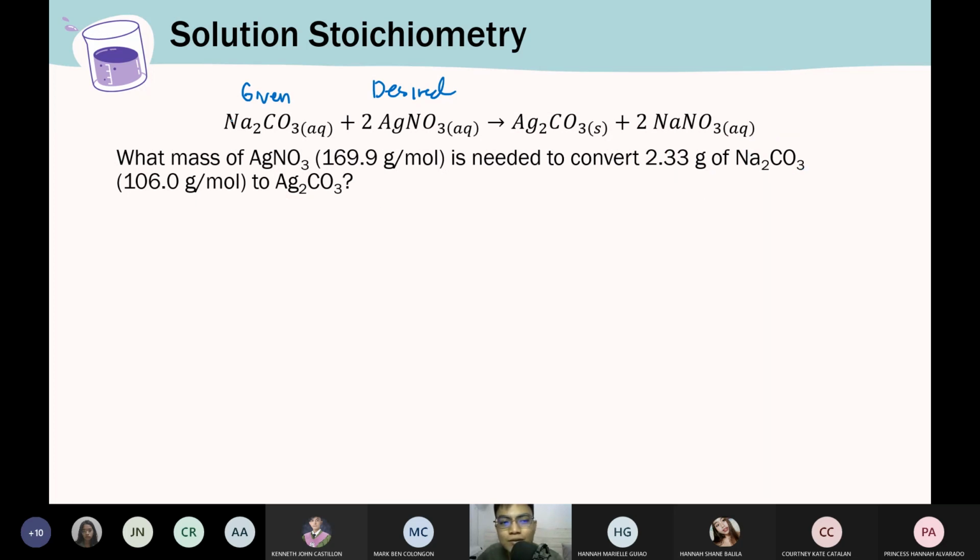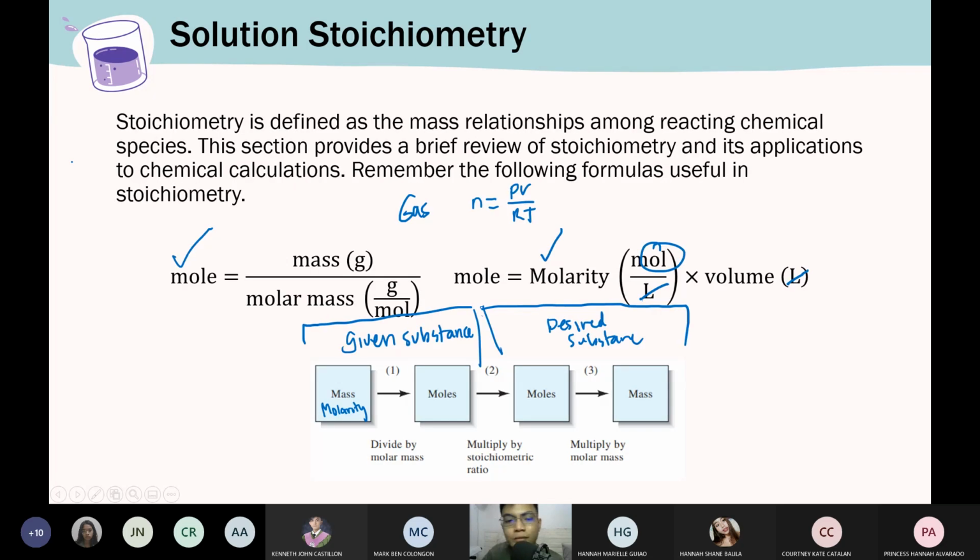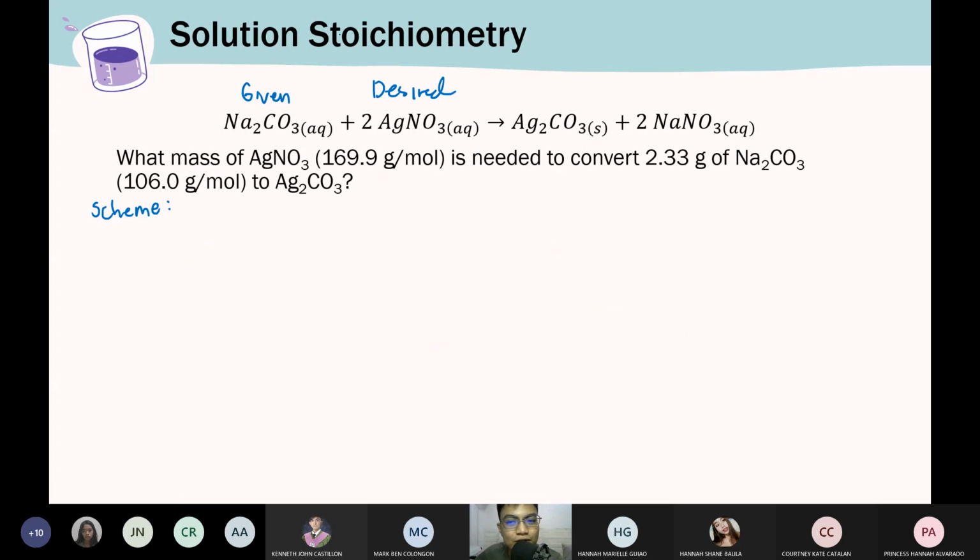Okay? So now you know your given, your desired. You can now plot your scheme on how you will calculate. So ito yan. Itong chart na to. So given yung mass ng sodium carbonate, okay? So your mass of sodium carbonate, convert it into mole. Yun yung first step.